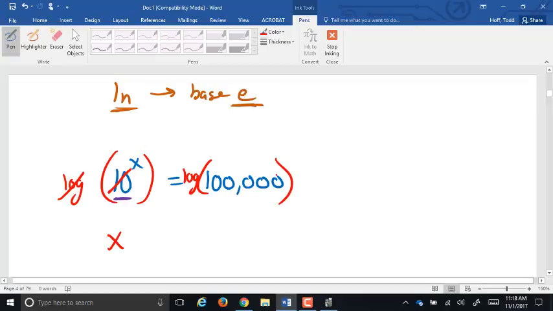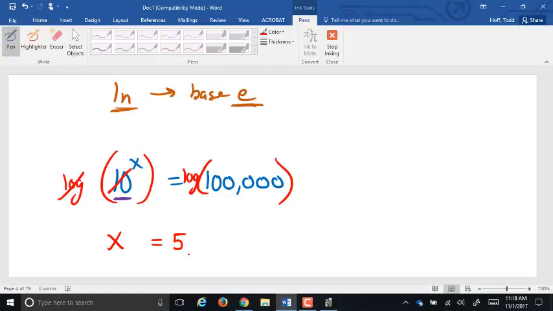So then log of 100,000 on your calculator is going to give you, what does your calculator spit out for that one? Log of 100,000 should be 5, I believe. Perfect. So that's kind of the gist of that stuff in preparing for the next lesson.